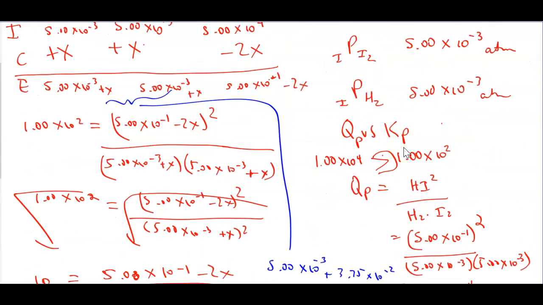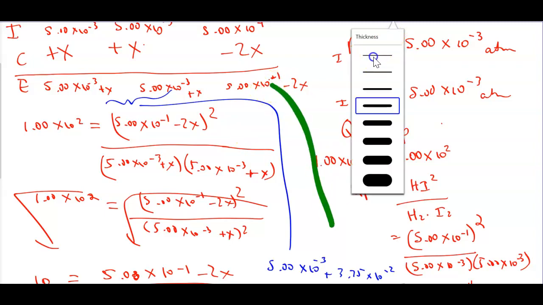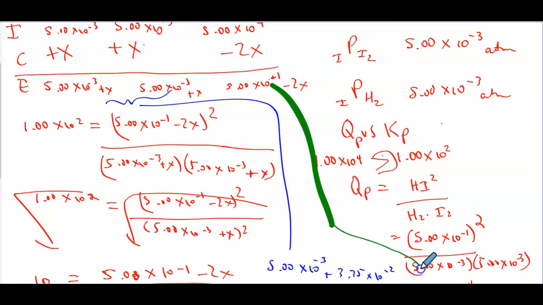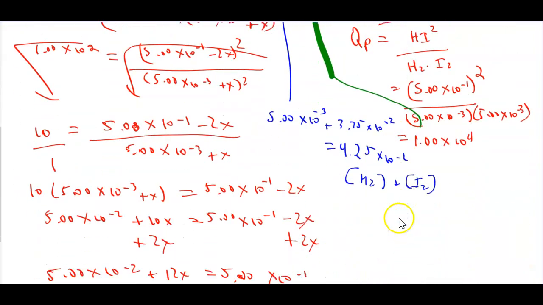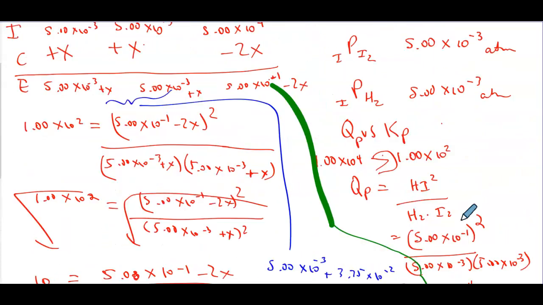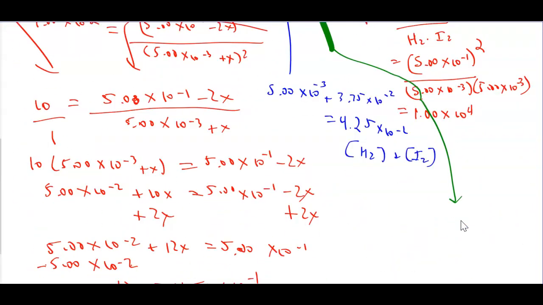And then I'm going to calculate the value for this guy down here. If I may, sorry about the space. So we're going to do, I went back up to see that it was 5.00 times 10 to the negative first minus 2x.